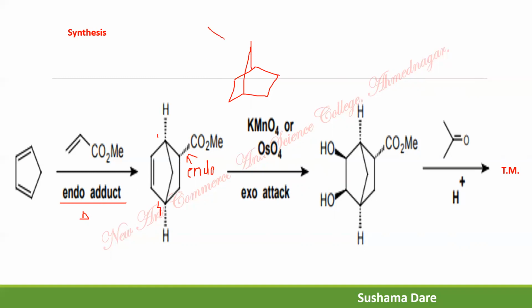The reagent can approach the double bond from the exo side. So this is the double bond over here, and the reagent attacks from the exo side. Why does the reagent attack from the exo side? Because the endo side is blocked due to the presence of hydrogens over here.